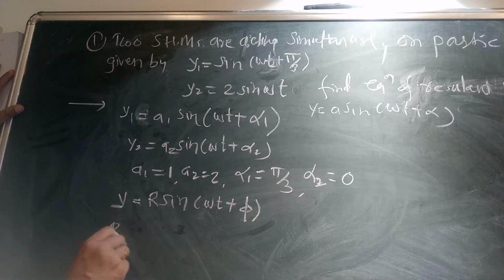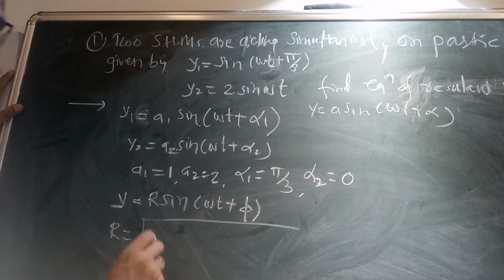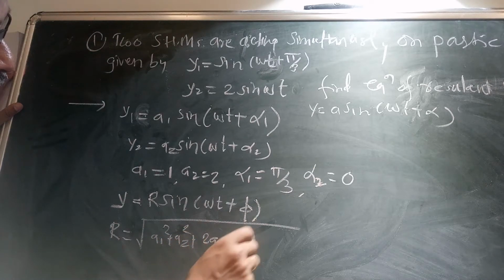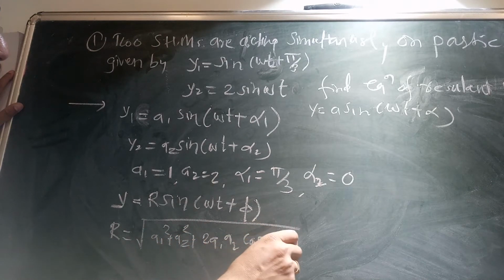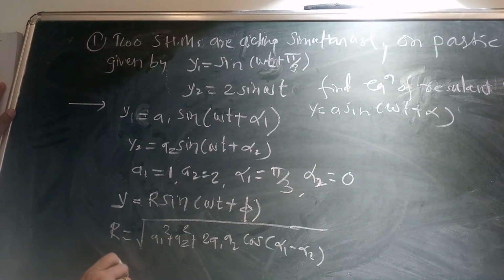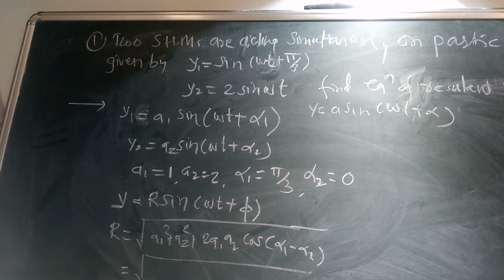The amplitude R is given by a very simple formula: square root of a1 square plus a2 square plus twice a1 a2 into cos of alpha 1 minus alpha 2.